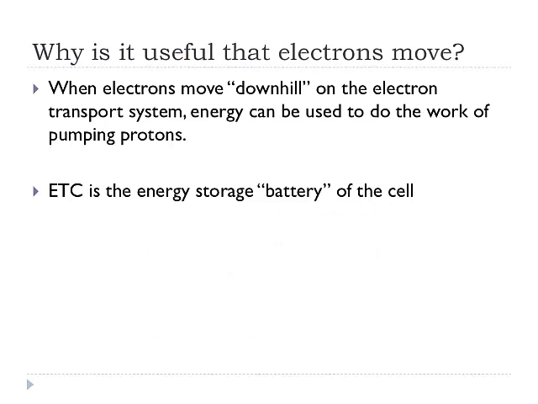So, as the electrons move downhill, you get useful energy stored. It's stored in this imbalance between the protons on the outside, in the intermembrane space, and in the matrix.